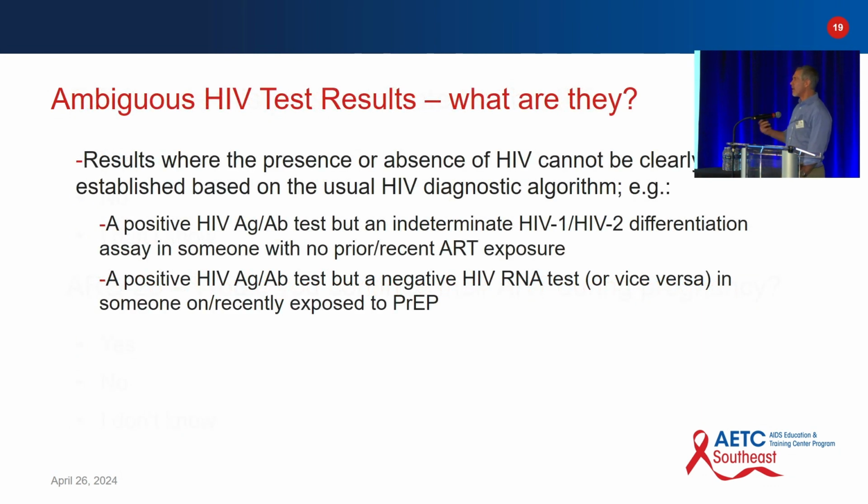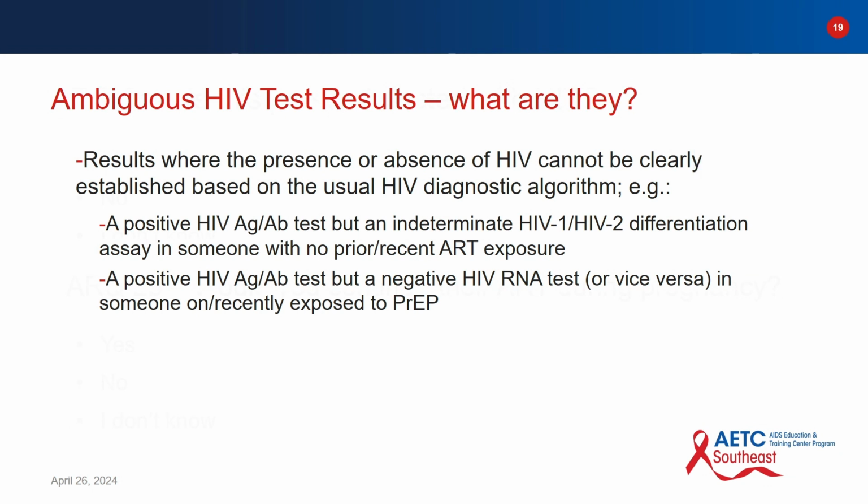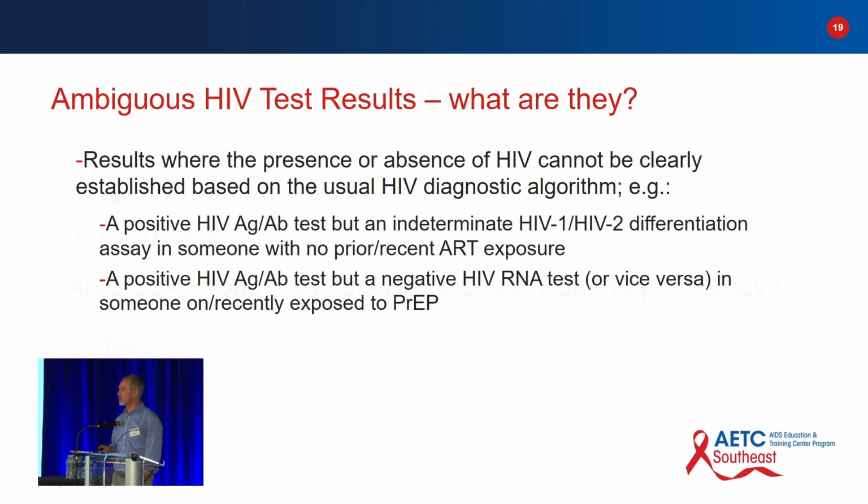So I wanted to use this case because I think it's a great example of ambiguous test results. They actually occur more commonly than we would think in clinical practice. And they are just what they sound like, right? They are results where the presence or absence of HIV cannot be clearly established based on the usual HIV diagnostic algorithm, as we have just seen in this case.